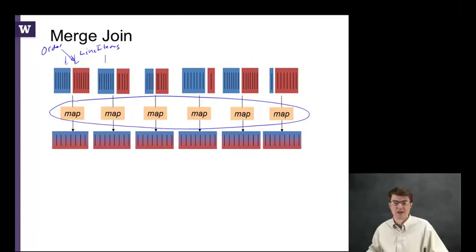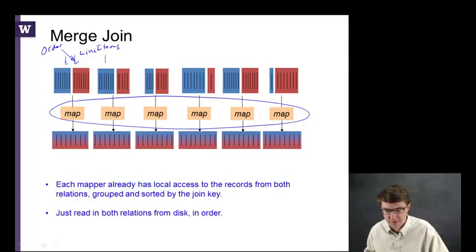Sorry, I say be aware of that. You still specify explicitly that you want to use a merge join, so Pig's not doing that automatically, but you can take advantage of this situation when it arises. Since each mapper already has local access to the records from both relations, already grouped and sorted by the join key, you can just read in both relations from disk in order and compute the join.